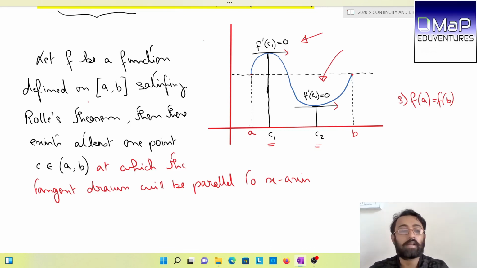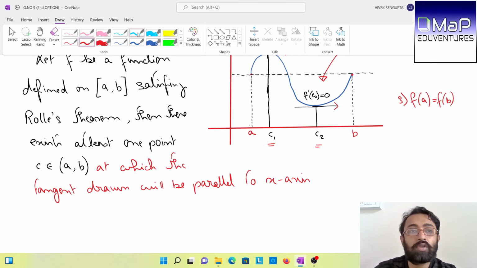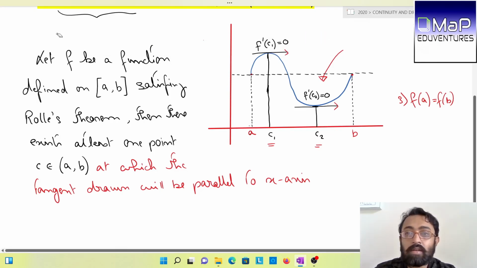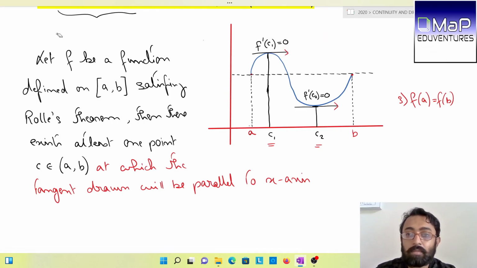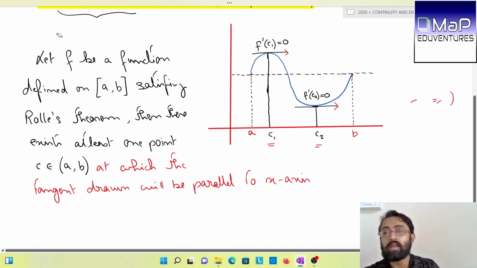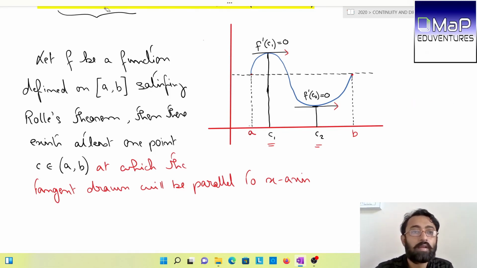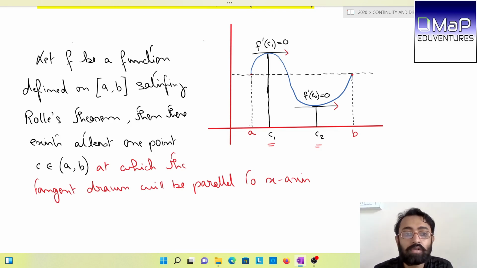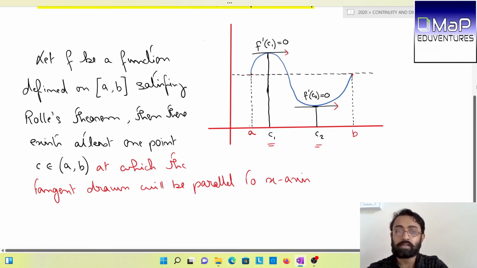So this is the geometrical interpretation of Rolle's theorem. If the geometrical interpretation is asked, draw this graph and use this statement: let f be a function defined in closed interval a comma b satisfying Rolle's theorem. Then there will exist at least one point at which the tangent drawn will be parallel to x-axis. So by this we have come to the end of 2020.